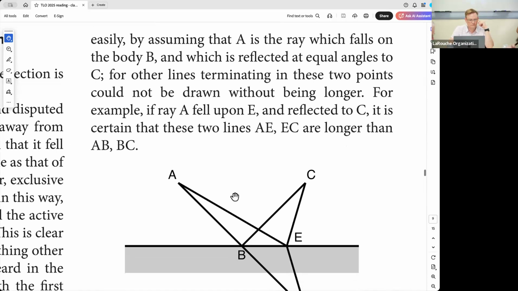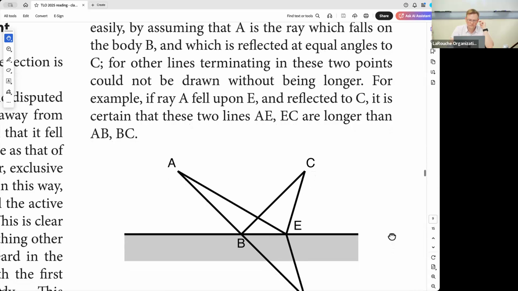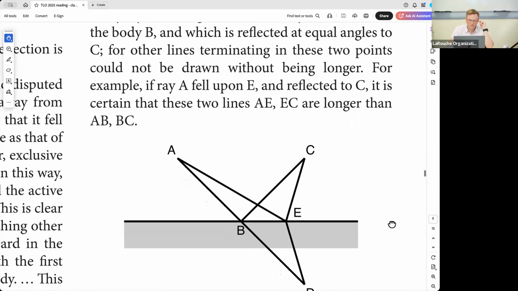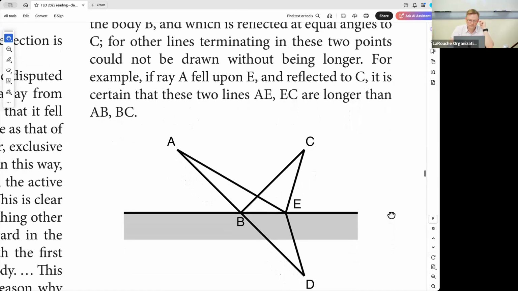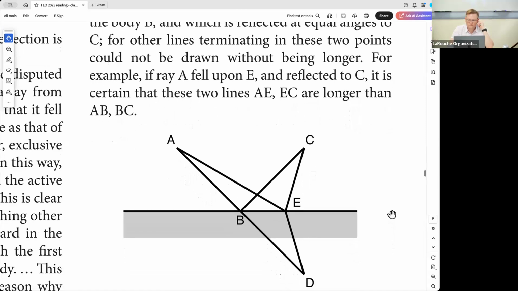easily by assuming that A is the ray which falls on the body B and which is reflected at equal angles to C. For other lines terminating in these 2 points could not be drawn without being longer.